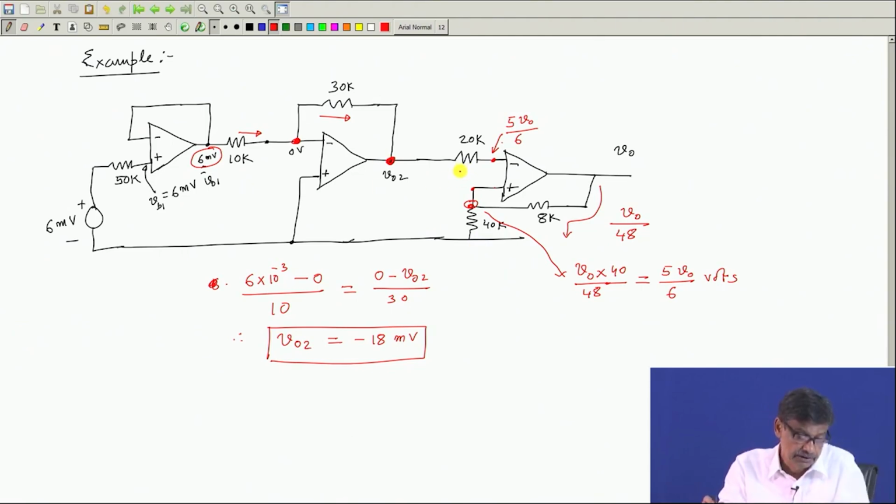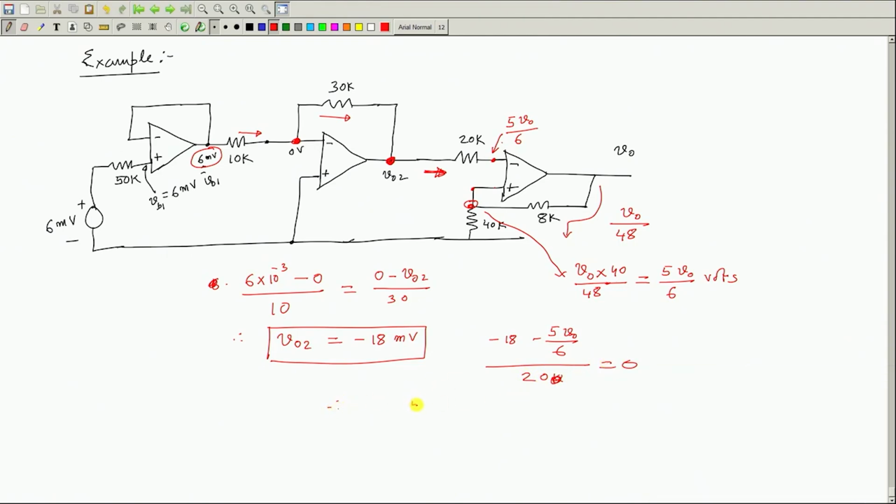I can proceed to calculate the output voltage. How do I calculate the output voltage? This current is 0 and this potential V naught 2 is minus 18 millivolt. So, what will be the expression of this current? Minus 18 millivolt minus potential of this point, this current I am calculating, divided by 20 k, and that must be equal to 0.